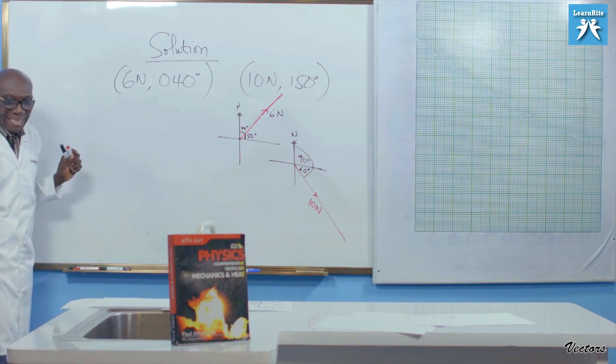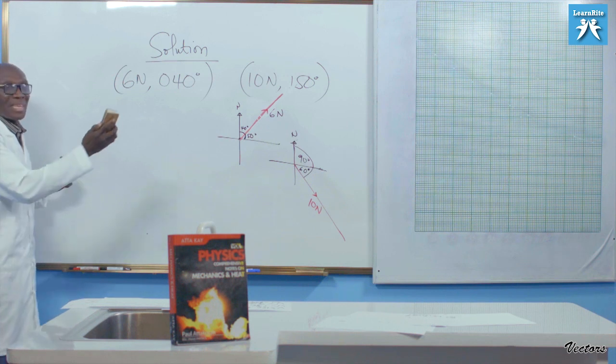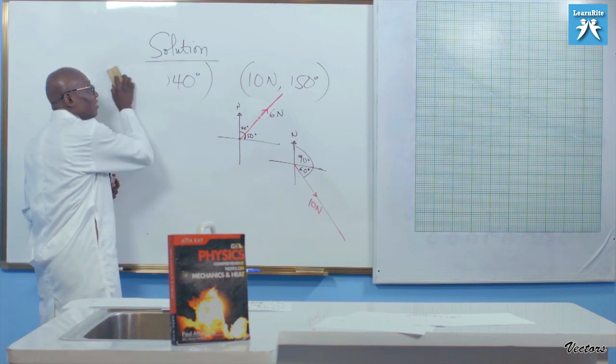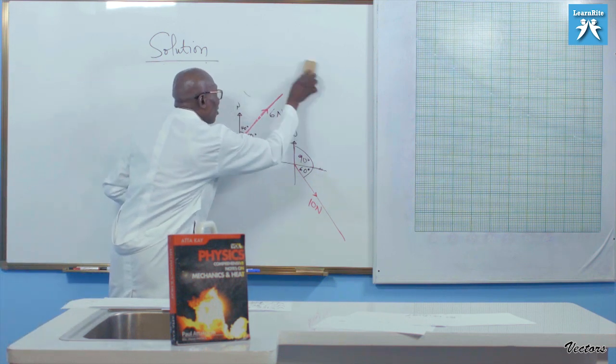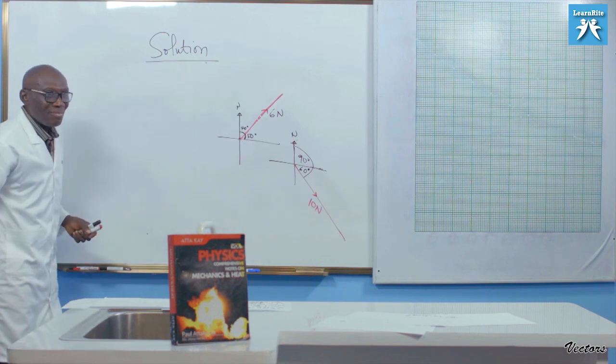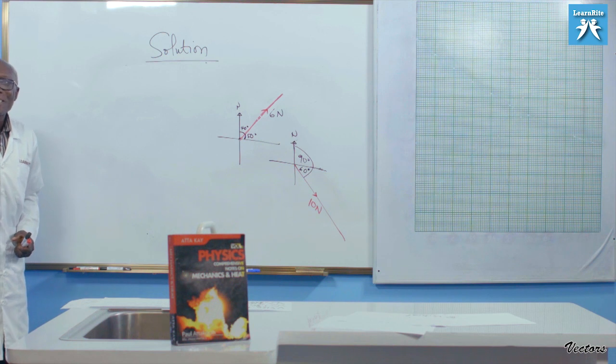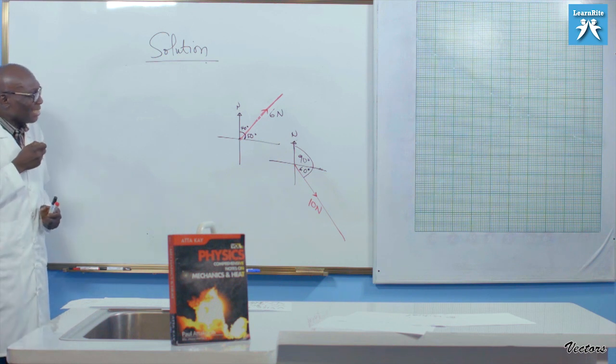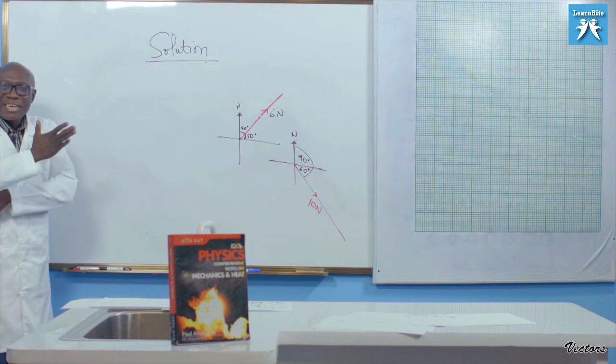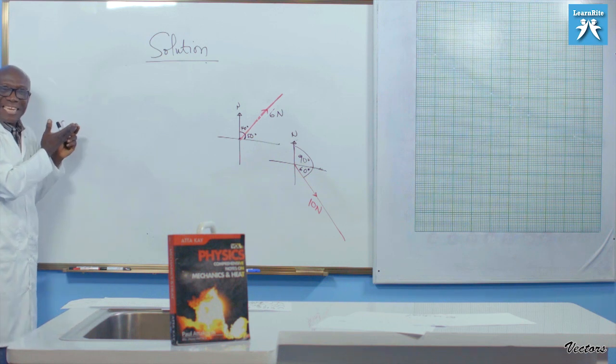Now, after you have done that, what do we say we do? We take one vector. We draw it again.